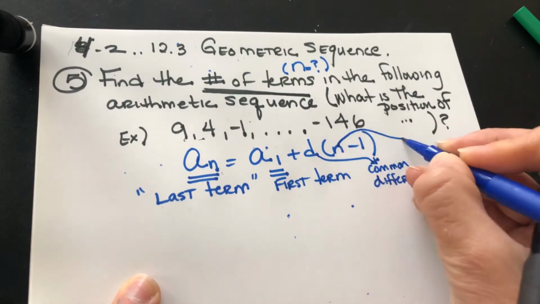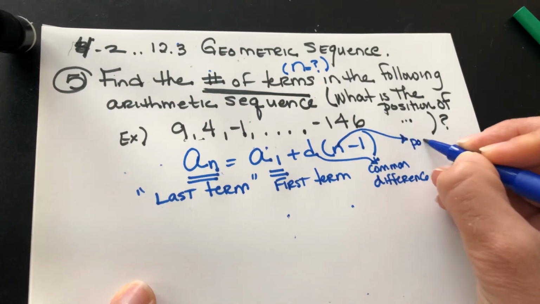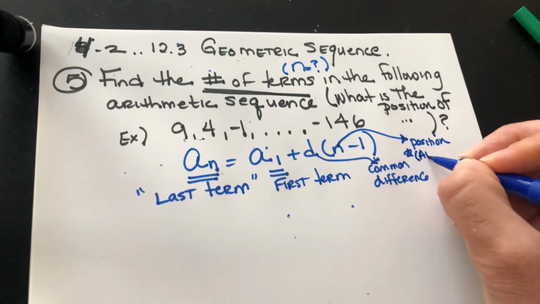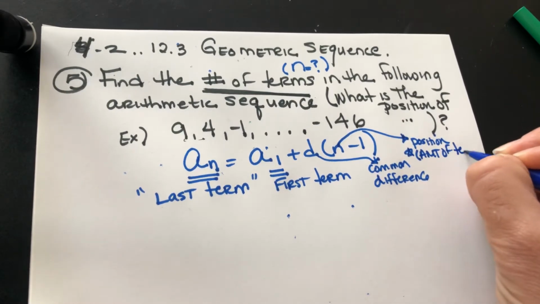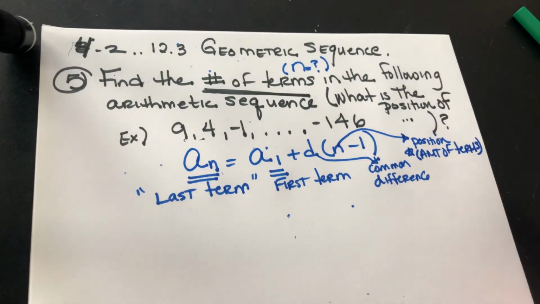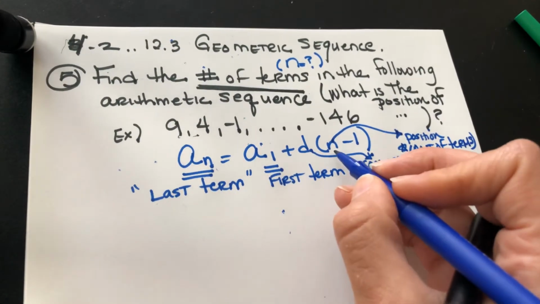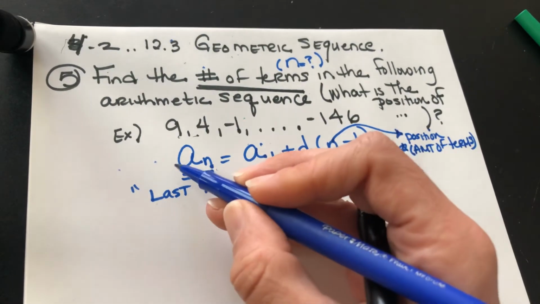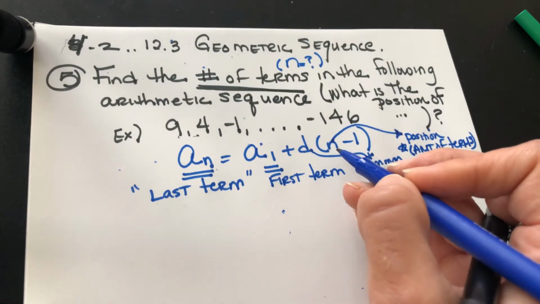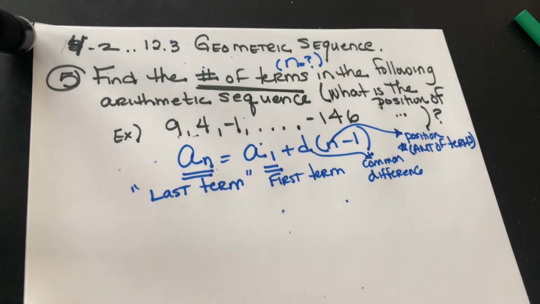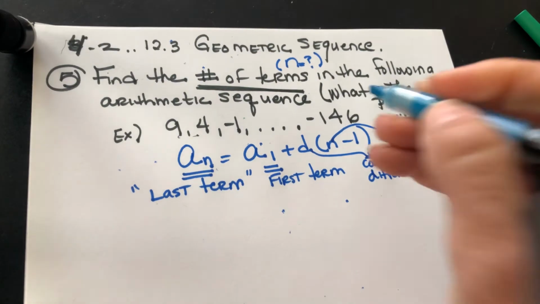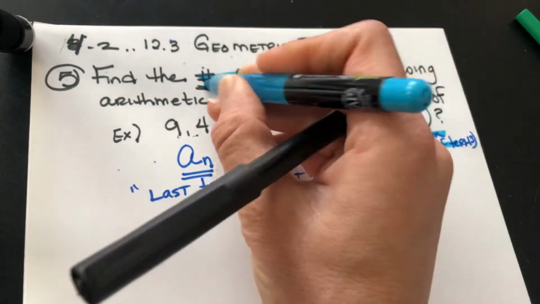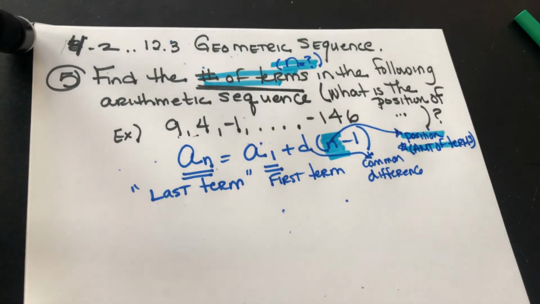And n is the position, or the amount of terms. Really, n is whatever position this term is. So if this is 5 and this was 60, that means the 5th term is 60. We don't know n; this is what we're going to look for. It means the amount of terms, so when you hear this question, always think you're finding n.